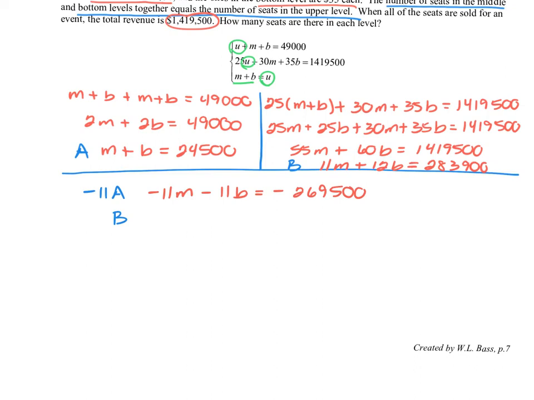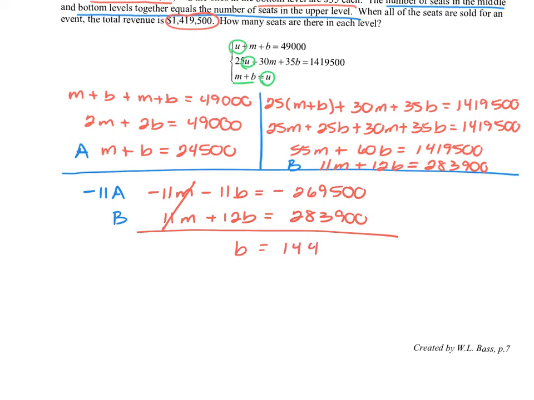Then my equation B, 11m plus 12b equals 283,900. Adding those together, now things start to clean up really fast for us. The m's drop out, I'm down to just a b, and that gives me 14,400. So 14,400 bottom level seats.